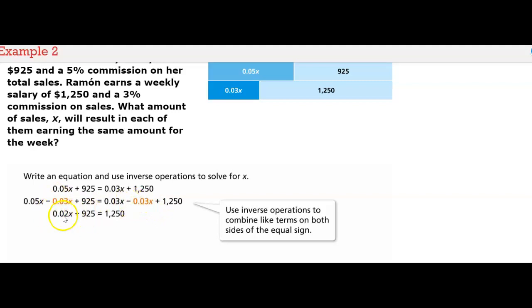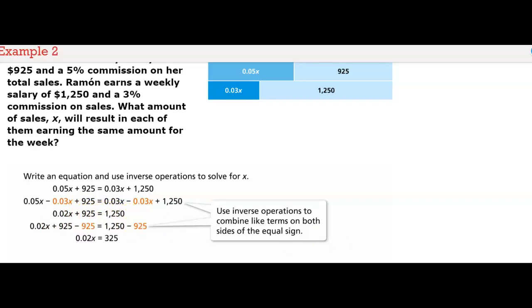So now we're left with 0 and 2/10, because 0.05 minus 0.03 equals 0.02x plus 925 equals 1,250. Then we take the 925, we're going to bring it over to this side of the equation. So we're going to do the inverse of addition, which is subtraction. And so that's being subtracted on both sides. And then we have 0 and 2/10 times x equals 325.